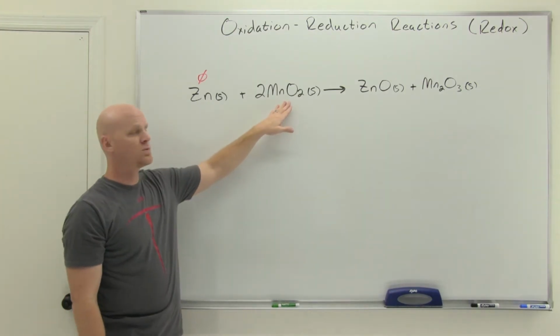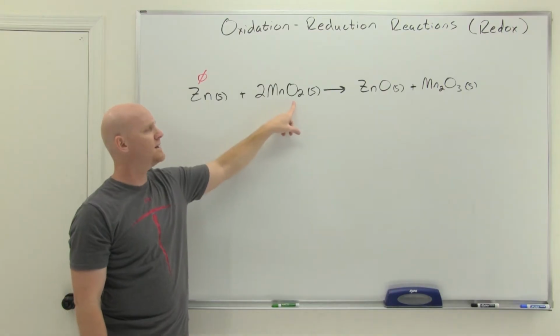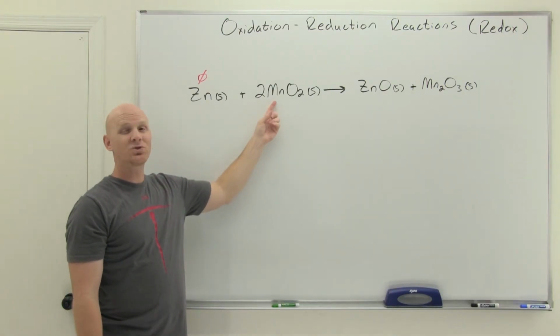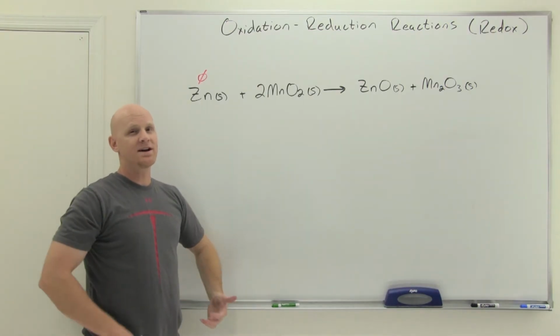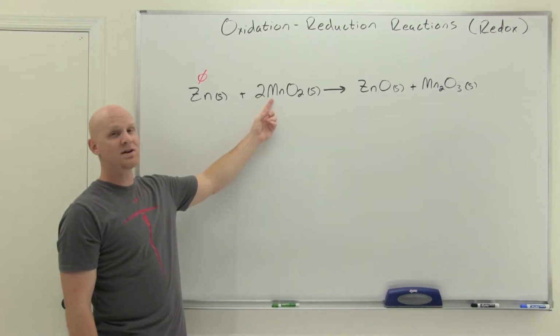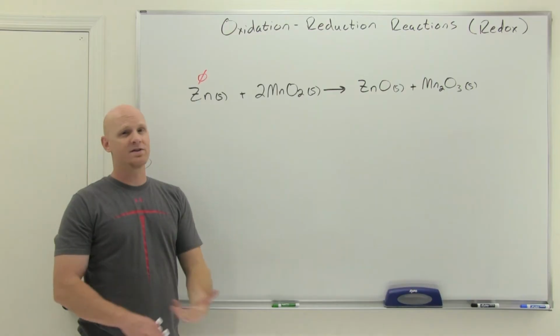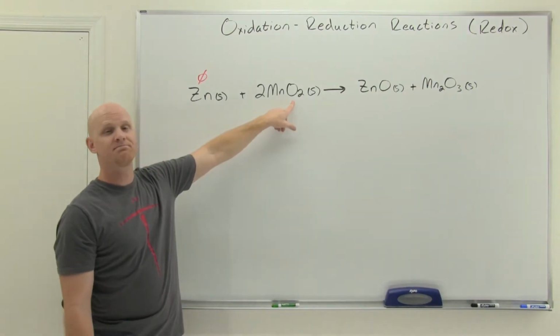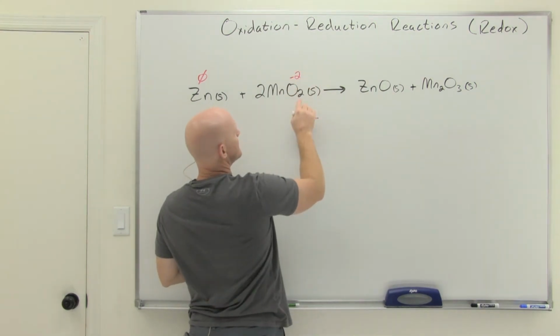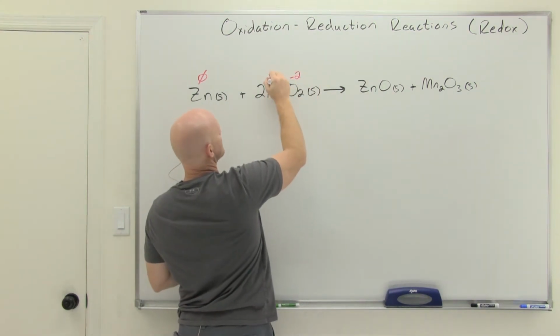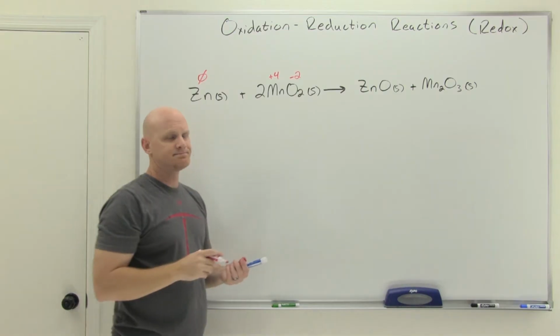Now, if we move on to the next one here, this is an ionic compound, metal and nonmetal, and manganese is a transition metal. He shows up in the middle of the table, and we'll have to figure him out based on context. You can't tell what his oxidation state or charge is based on just where he is on the periodic table. But oxygen as a monatomic ion is going to be -2. And if he's -2 and there's 2 of them, then manganese here is going to have to be +4.